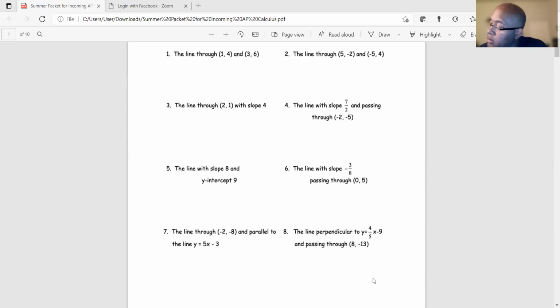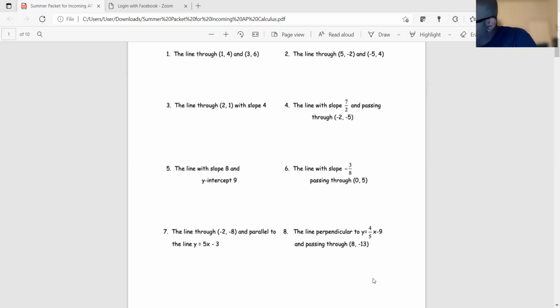So that means they gave me a point. The point is 8 and -13. So I'm going to plug in -13 here for y and 8 for x. And I'm trying to find what b is. So it's just an algebra problem now.